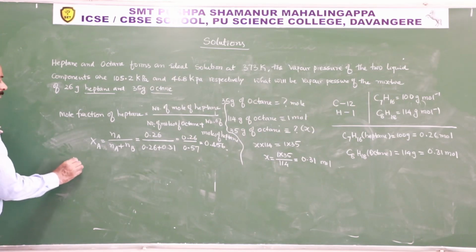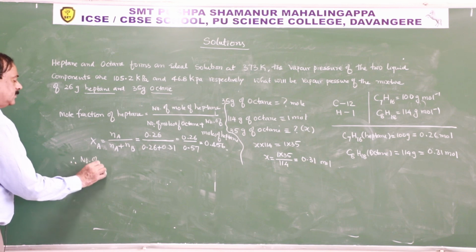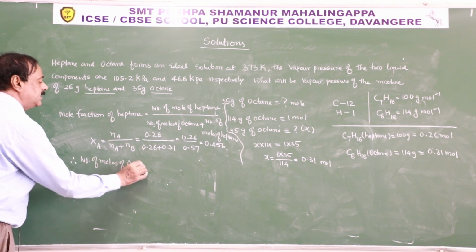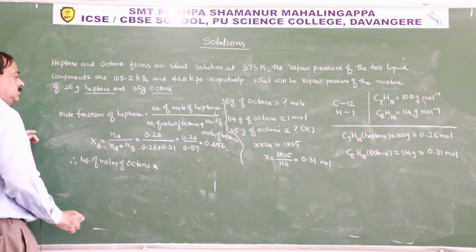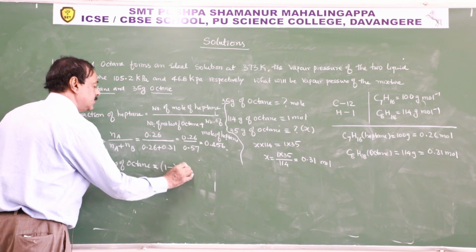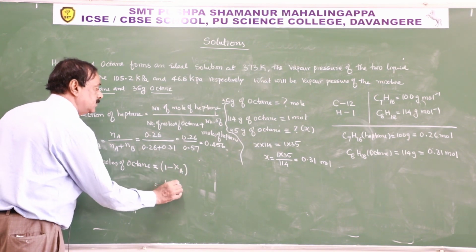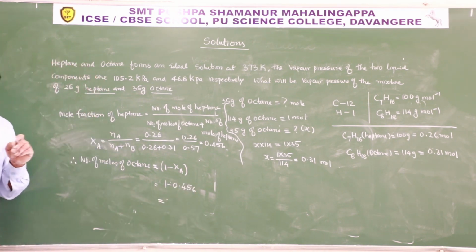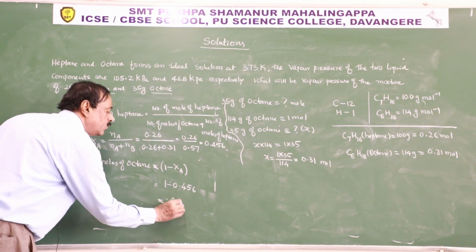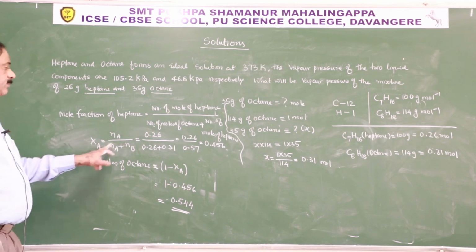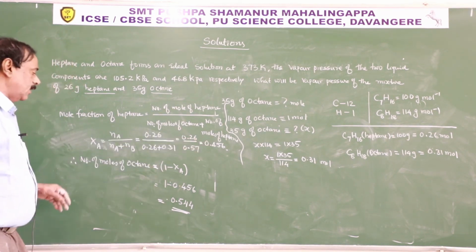Number of moles of octane, that can be calculated very simply by using 1 minus XA, that is 1 minus 0.456, that is 0.544. This is the mole fraction of the heptane, and this is the mole fraction of the octane.